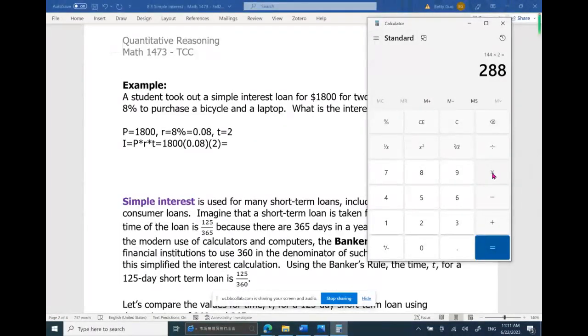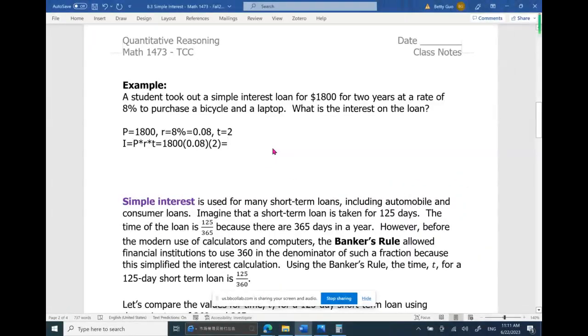Yeah, that makes sense. 144 times 2, 288. $288. That's the simple interest on the loan by the end of year 2.